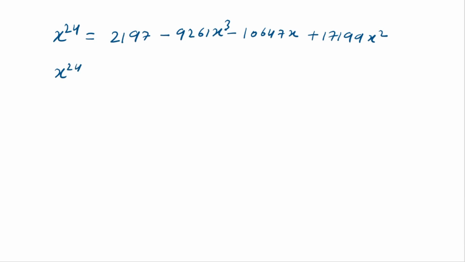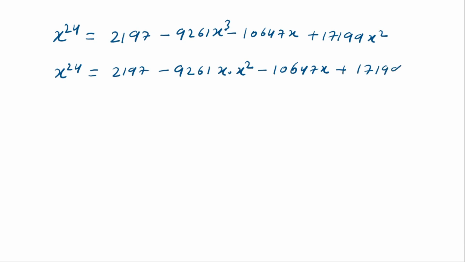Here x^24 equals 2197 minus 9261, and x cube is the same as x times x square, minus 10647x plus 17199x square. And we know that the value of x square is 1 minus x.